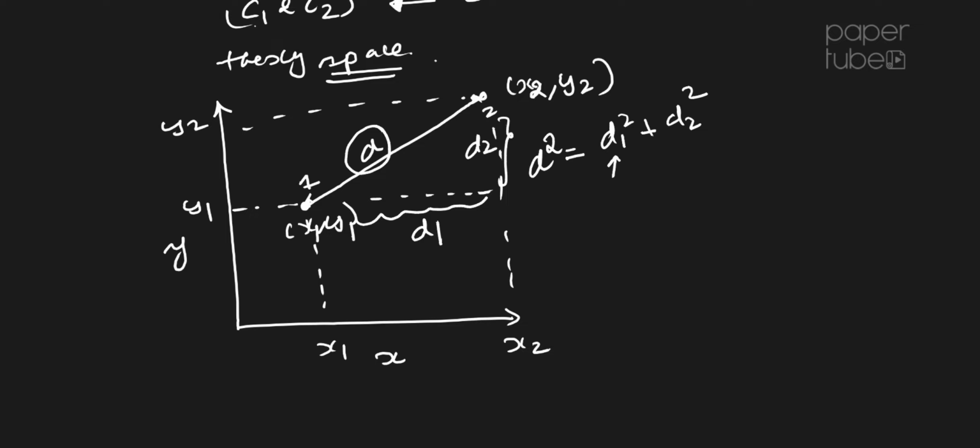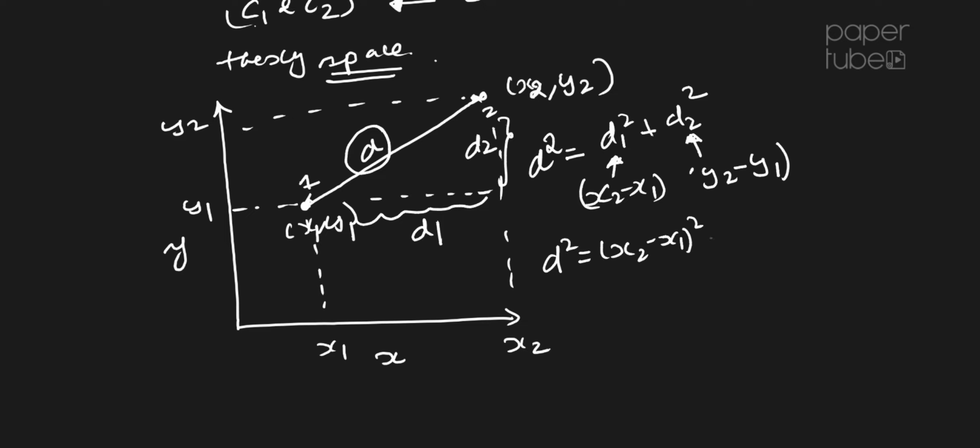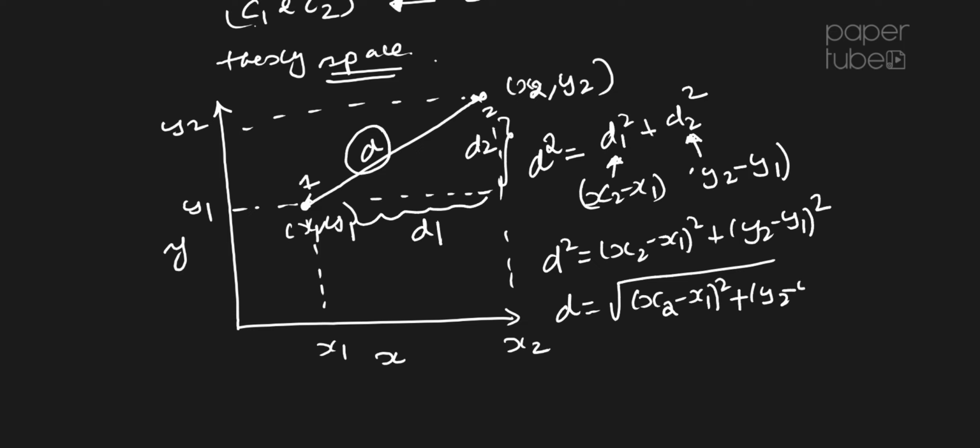So d1 is the difference in the x direction, so that should be equal to x2 minus x1. d2 is the difference in the y direction, that should be equal to y2 minus y1. So d square will be equal to x2 minus x1 the whole square plus y2 minus y1 the whole square, and d will be equal to the square root of x2 minus x1 the whole square plus y2 minus y1 the whole square. So that's the rule to get the Euclidean distance.